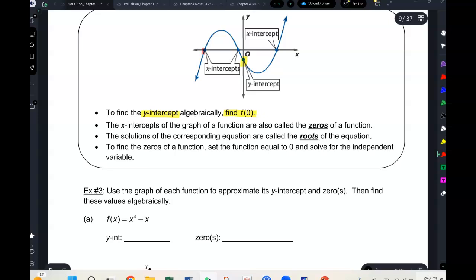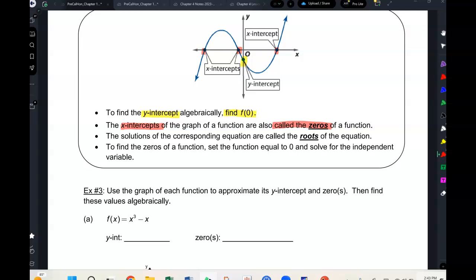All right. To find x-intercepts at these points, how much is the y value? 0. That's why the x-intercepts are also called the zeros of the function, because y is 0 there. The function is 0 there, right? So on the graph, it's the zeros.